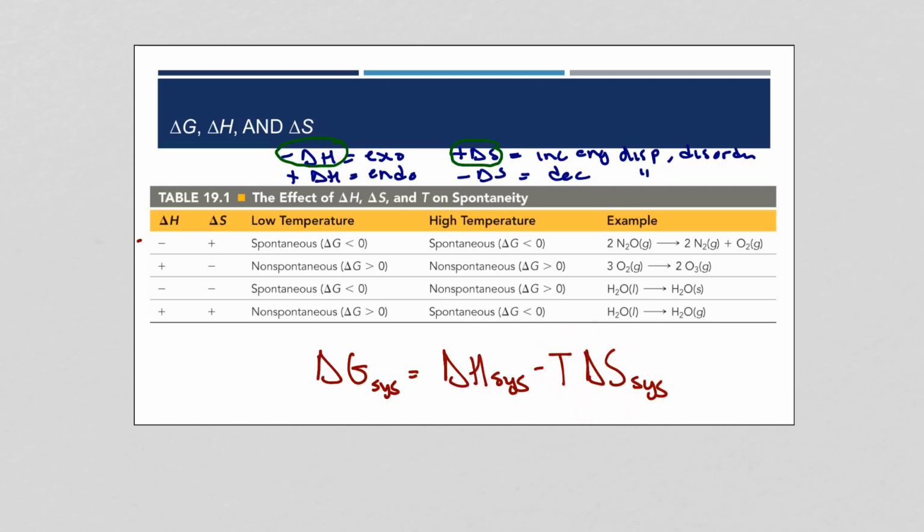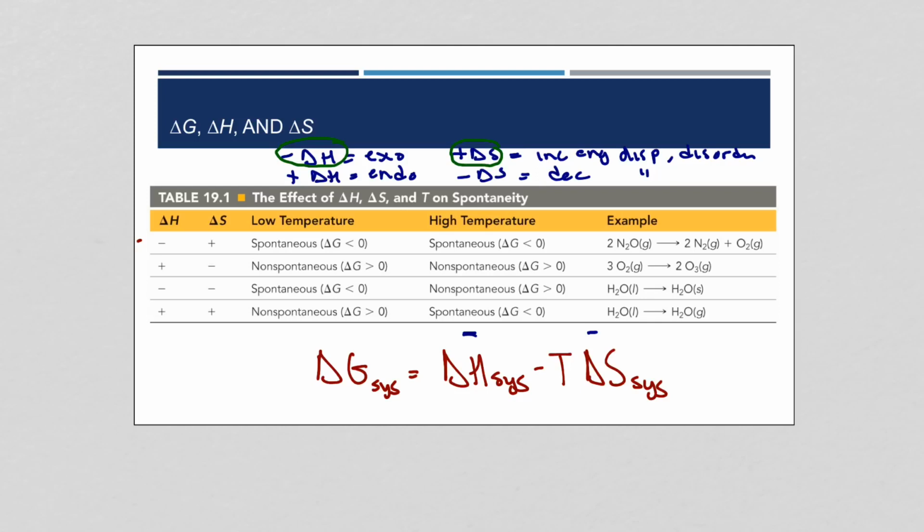And so as we decrease this, if we think about it, if this value is negative, and delta S is also negative, so we have a negative minus a negative, or a negative plus a positive. As long as this number stays low, then the delta H factor can still win out.